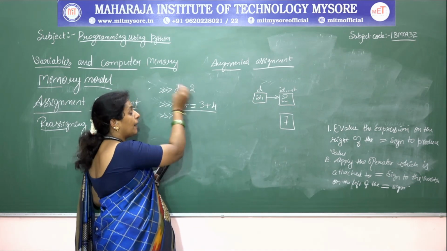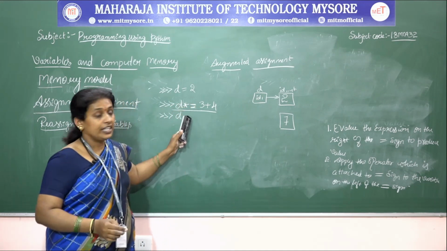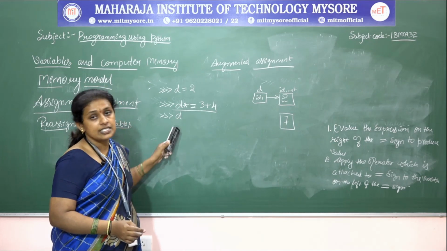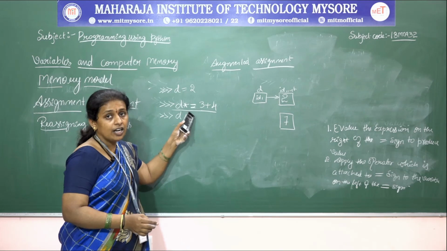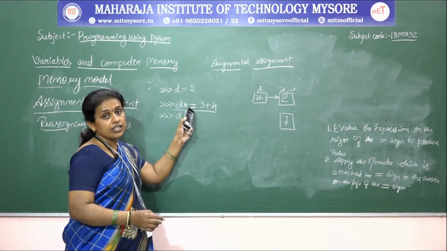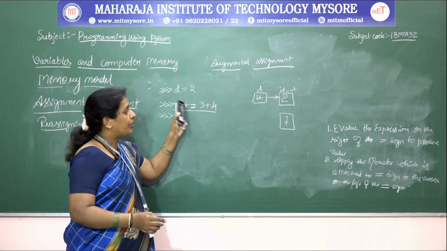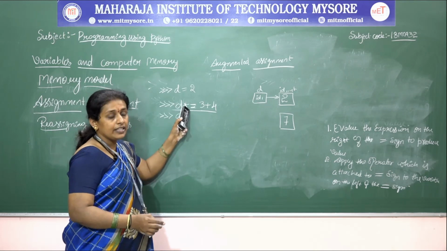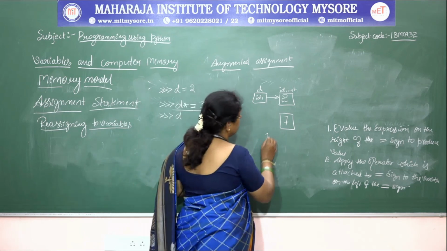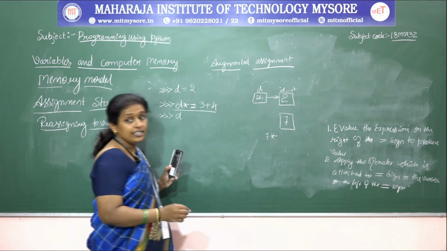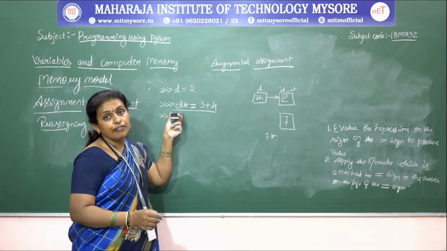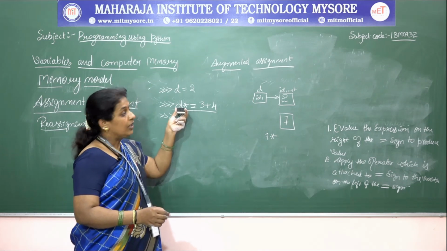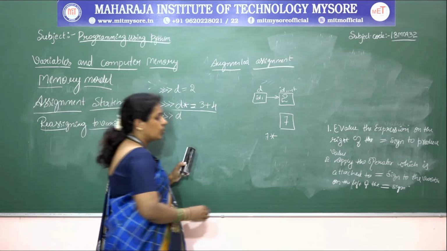After that, we are applying the operator which is present with the equal sign. The operator which is present here is multiplication. So multiplication will be performed: 7 multiplied by the value of the variable D, which is 2.